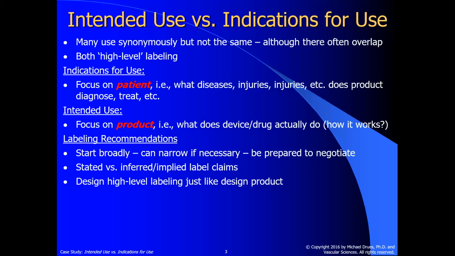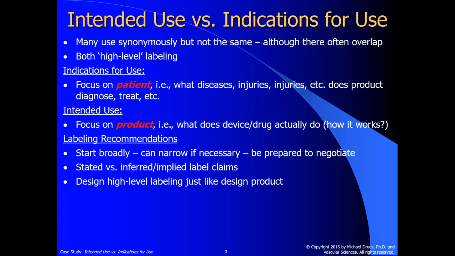And I presented this to the senior management, and we had a discussion as to what the company wanted to say about their particular device. But again, we did not do it just from a regulatory perspective. We also looked at it from a reimbursement perspective, from a product liability perspective, and from some other perspectives as well.